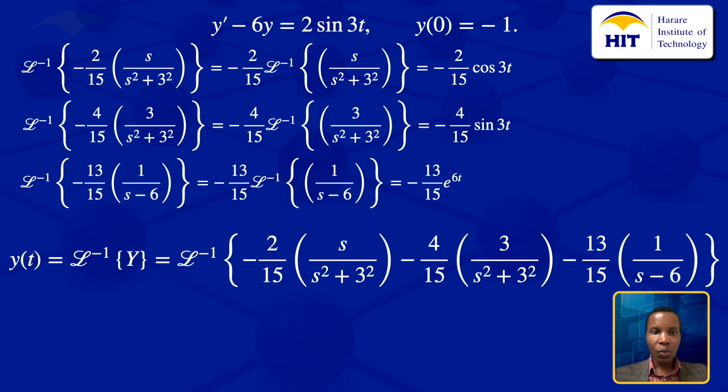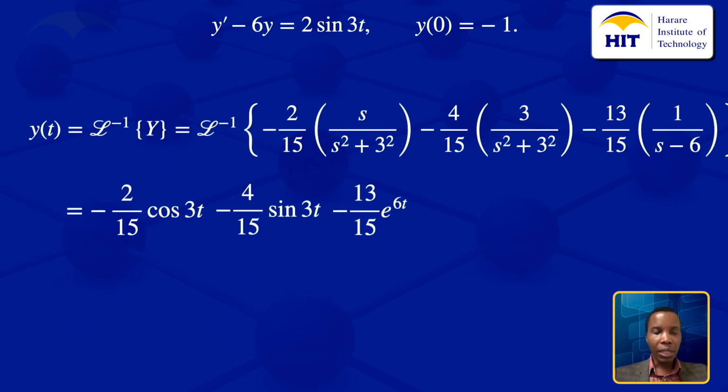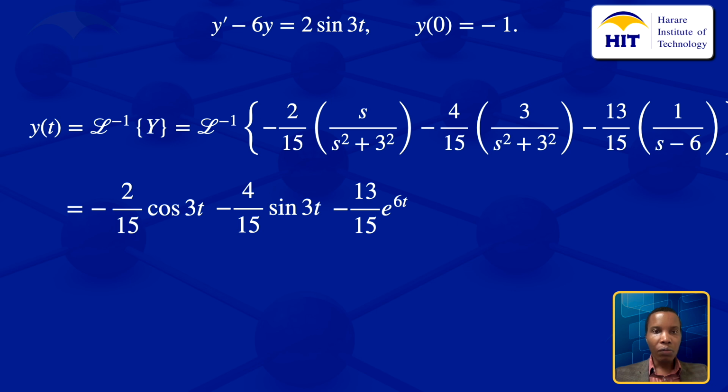Then we can just go on and write these expressions that I've written here, substitute them here, so that our solution there is minus 2 over 15 cosine of 3t minus 4 over 15 sine of 3t, and then minus 13 over 15 exponent of 6t. So what we are having here, that's the solution of this first order ODE that we are given.